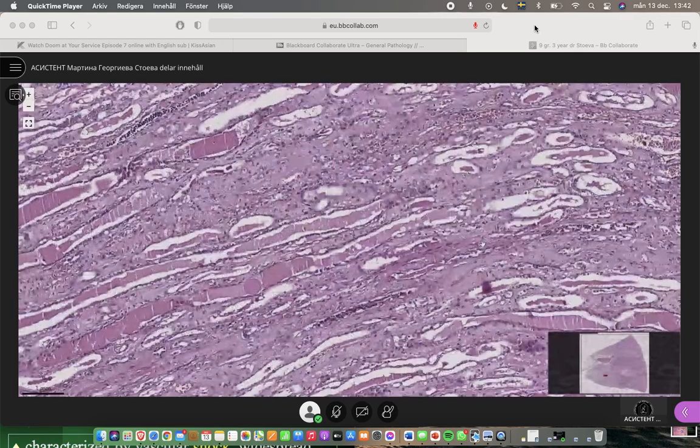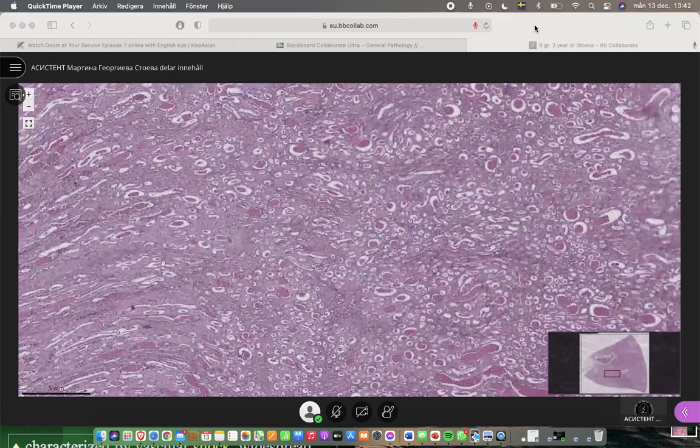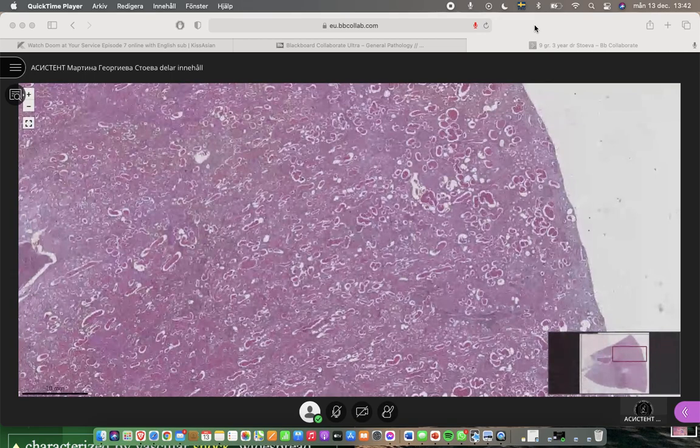The special staining for amyloid is Congo red staining, leading to orange staining of the amyloid, and it's apple green if we use the polarized microscope.